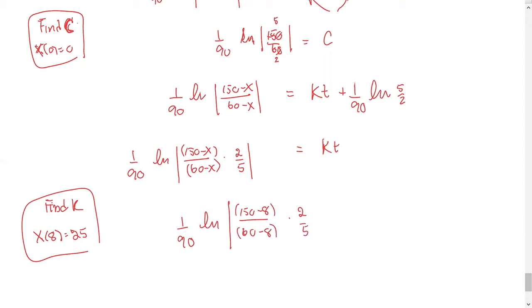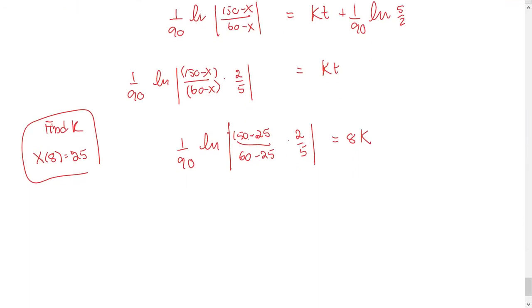No, I put the wrong one. So this is only 25. Sorry about that. So this is 150 minus 25 divided by 60 minus 25 and multiply by 2/5 equals k times 8, which is 8 times k here. Right. And then we solve for k.